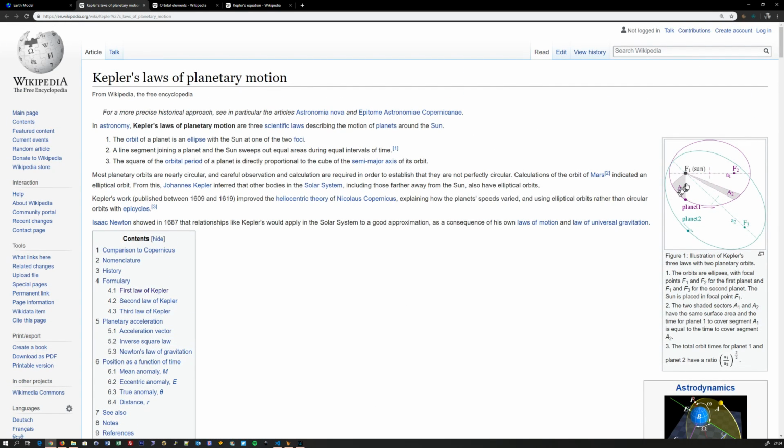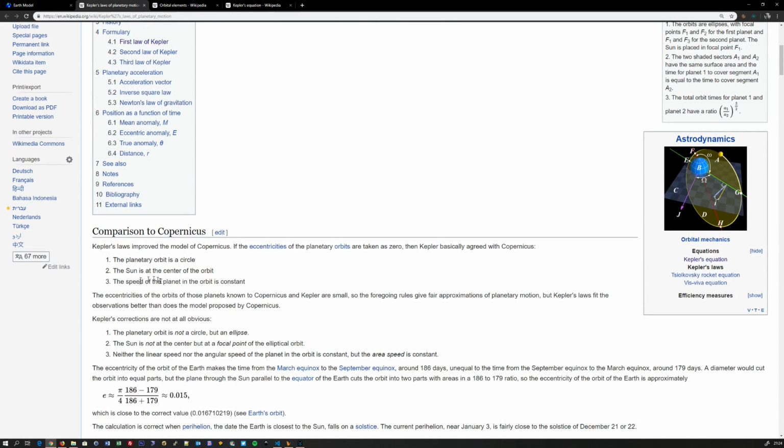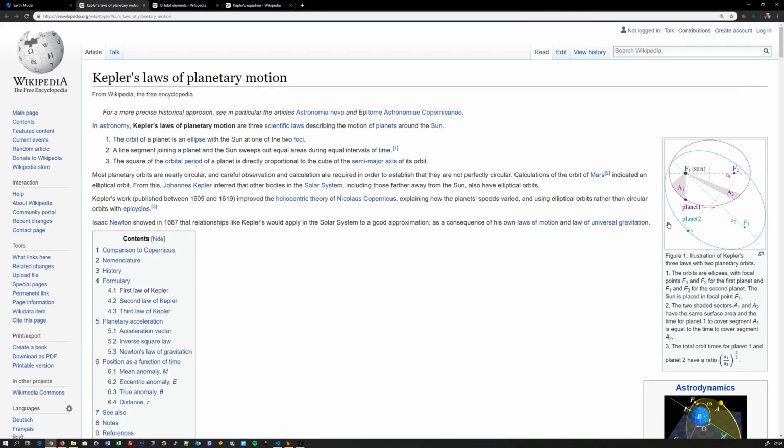So does that mean it's not in the center? It's right there. So the Earth is going around in an ellipse, just slightly off center. Then the speed is not constant. The area speed is constant. So this area is just as big as that one. So what does that mean?